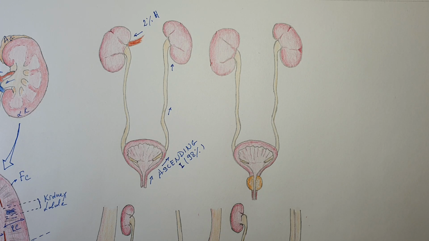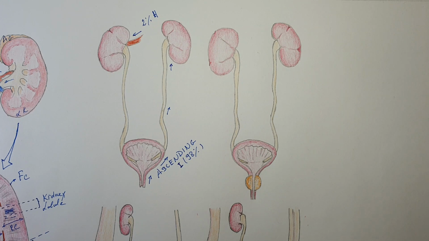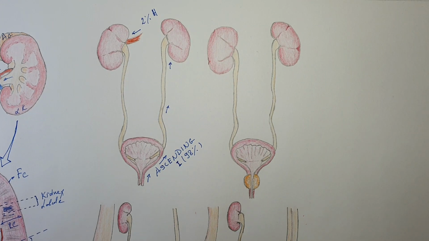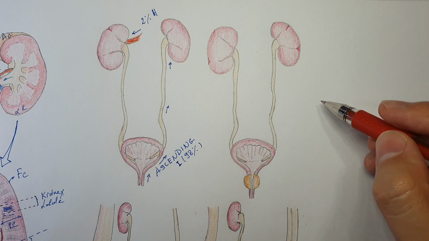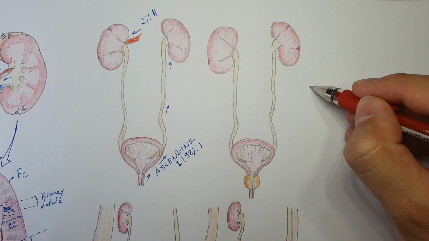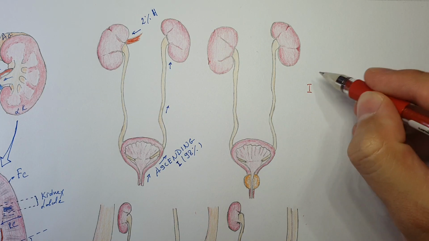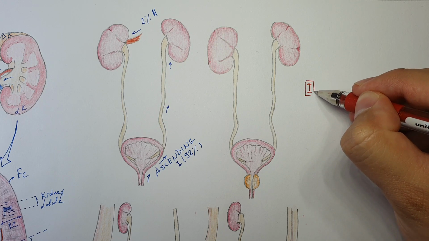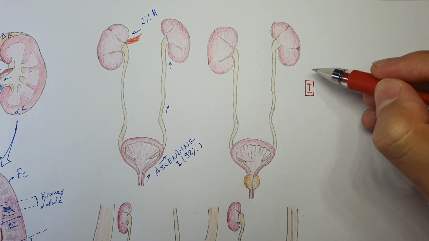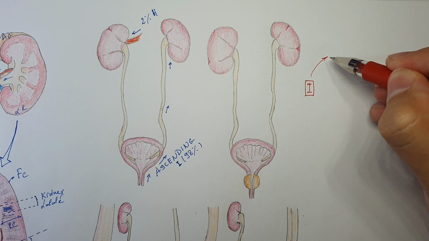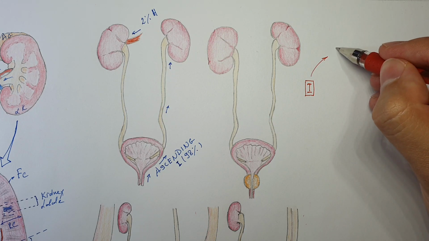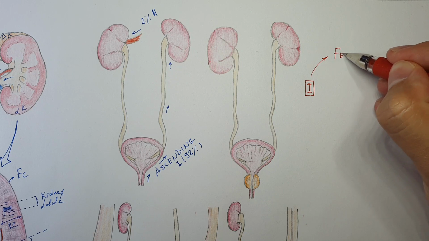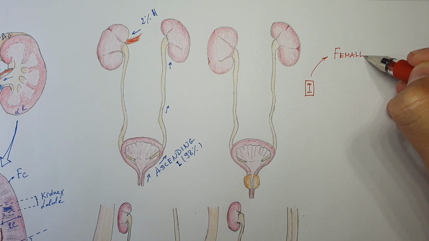And the other group are risk factors that can affect anyone, any patient. And the first important risk factor that is leading to so many urinary tract infections in women is the female anatomy.